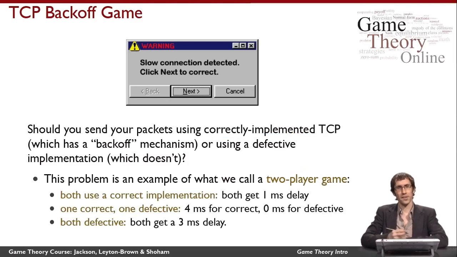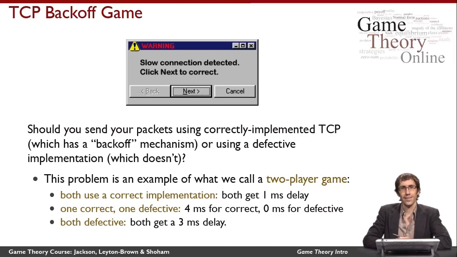Well, this is a bit of a surprising use of language, but problems like this one are what game theorists call games. A game in general is any interaction between two or more people where the outcomes of the interaction depend on what everybody does, and everybody has different levels of happiness for the different outcomes.